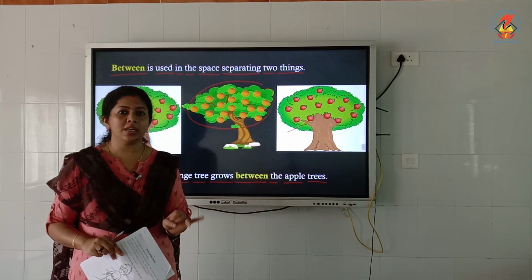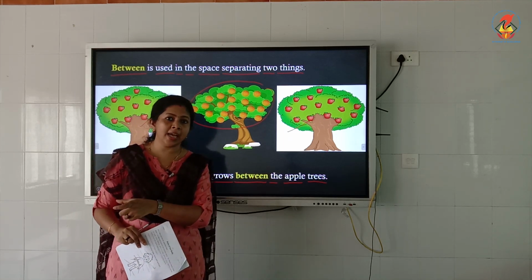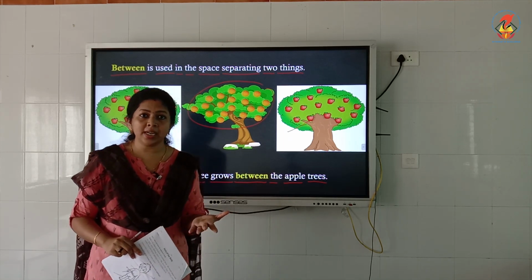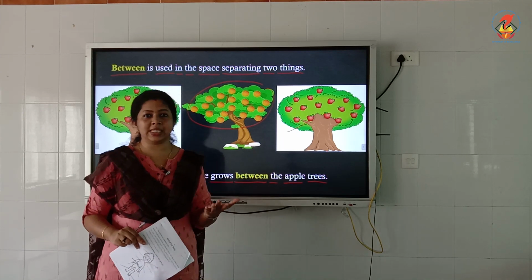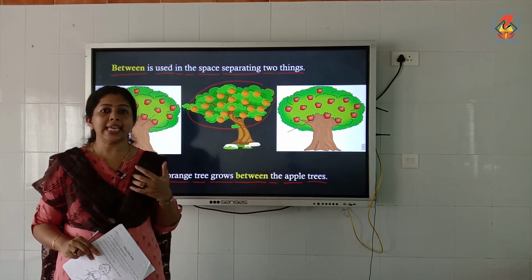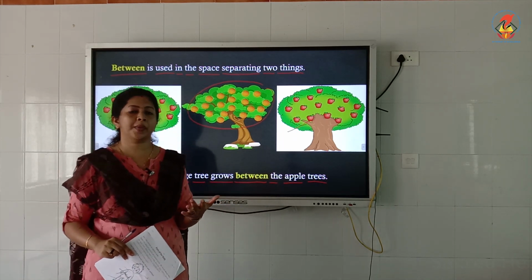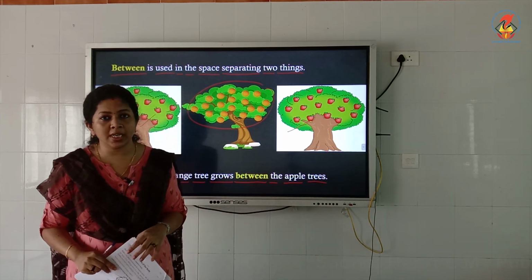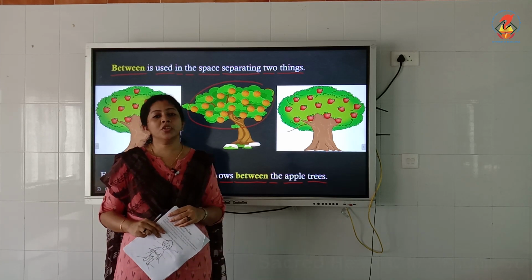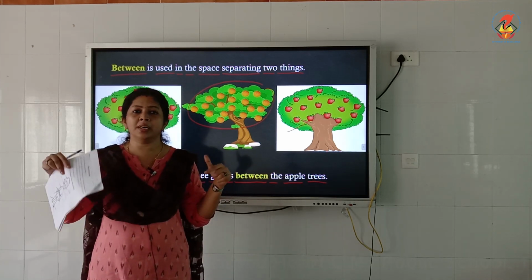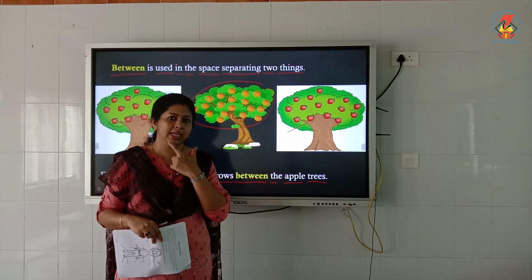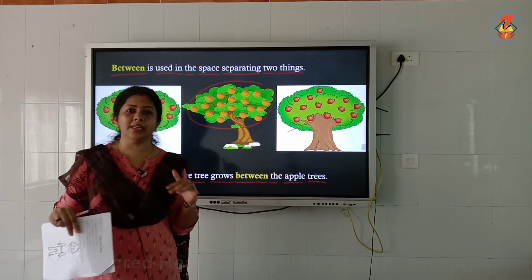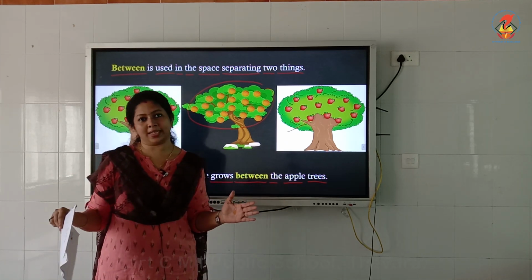In is used with parts of the day, with season, with months, and with year. And the second point for in is used to specify a particular point itself. The cat is in the bag.